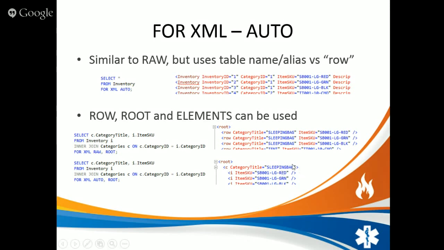The first category is sleeping bags. So the node name for that level is C, because that was the alias for categories. And then each of the items associated with that category, those nodes are named I, which is the alias for the inventory table.